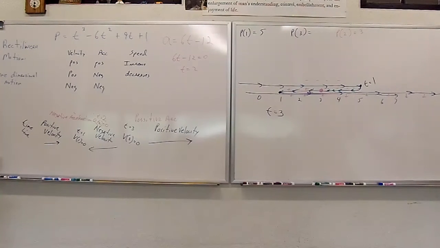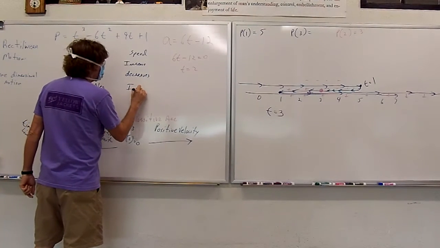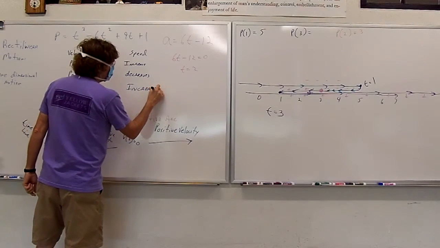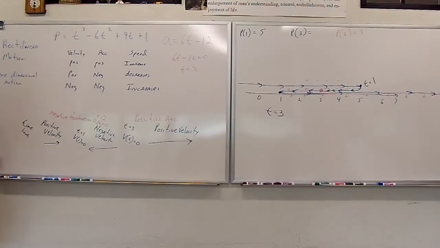It increases. Everybody can see it happening, right? Speed is what? Increasing. Yeah, the speed increases. Somebody says, well, how does the velocity get smaller and the speed increase? Because the acceleration does make the velocity get smaller.